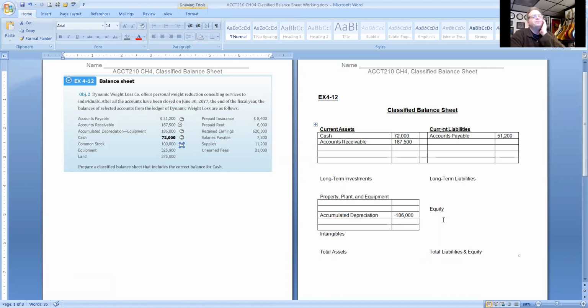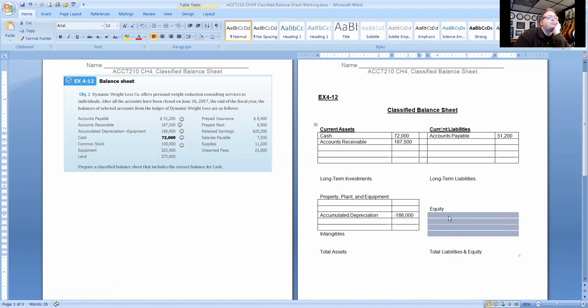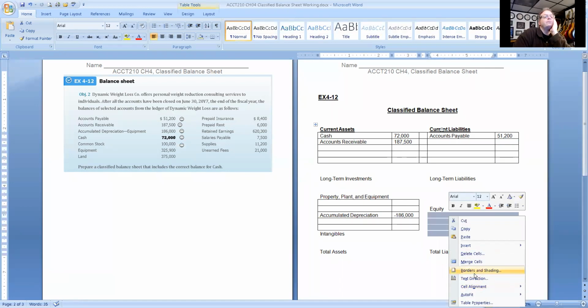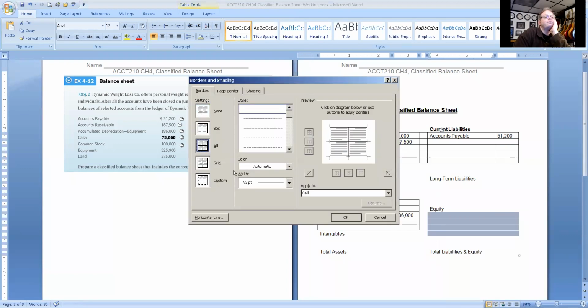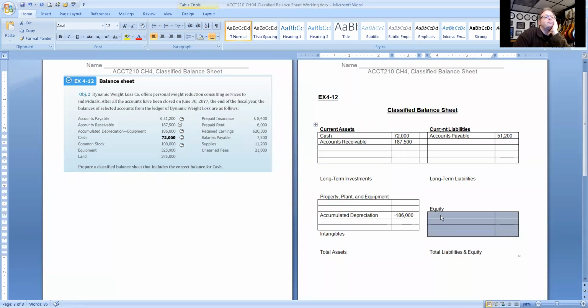Where's common stock going to go? Equity. And the equity section is really the same as it's been before. There's nothing terribly interesting about that.